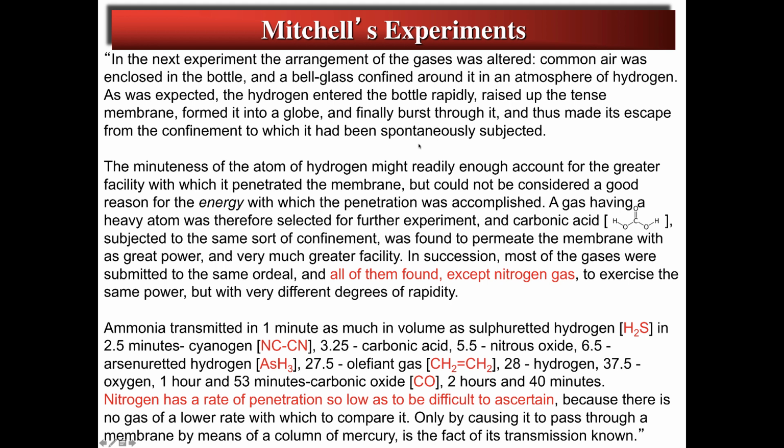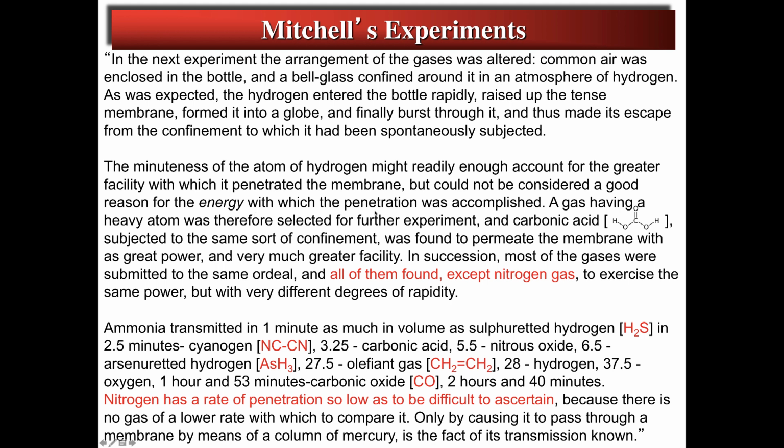And so he hypothesized that the minuteness of the atom of hydrogen, the small size of hydrogen, might account for the greater facility with which it went into this membrane. But that alone didn't explain the energy or the driving force for which this occurred, which we now would know would be a chemical potential or partial pressure gradient.